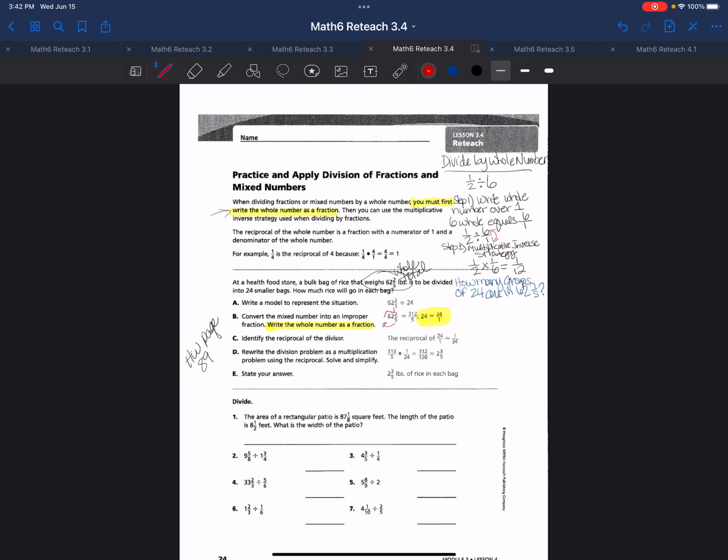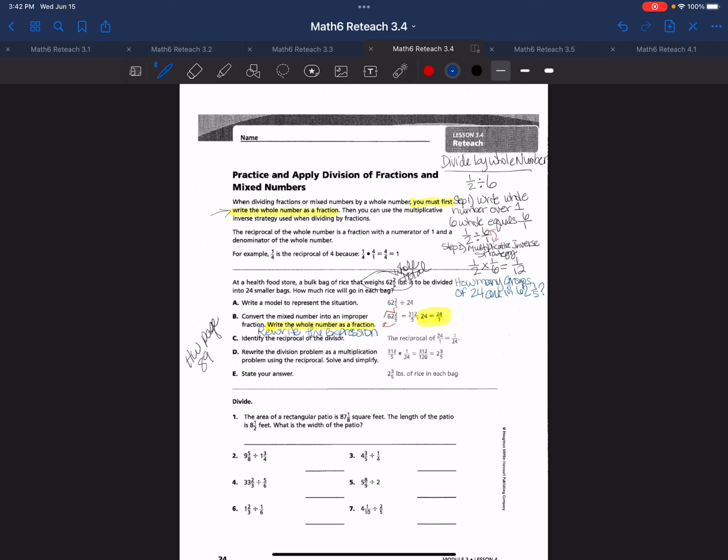One thing that I would add here as another step is, once we have done both those things, we need to rewrite the expression with the improper fraction and the whole number as a fraction.